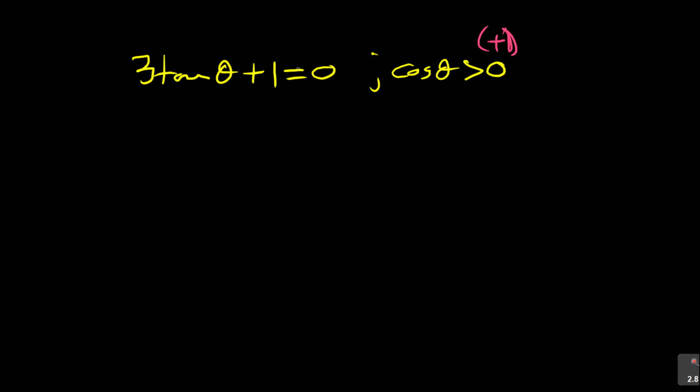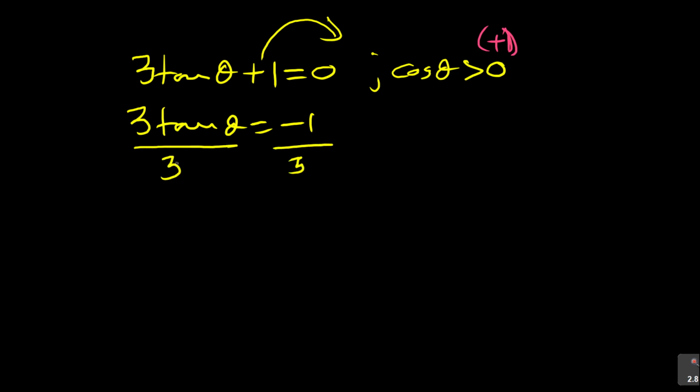Now let's solve here for tan theta. Take 1 to the other side. We have got 3 tan theta is equal to what? Positive 1 becomes negative 1. Now what do we do? Divide by 3, divide by 3, so that you have your tan theta is equal to negative 1 over 3.